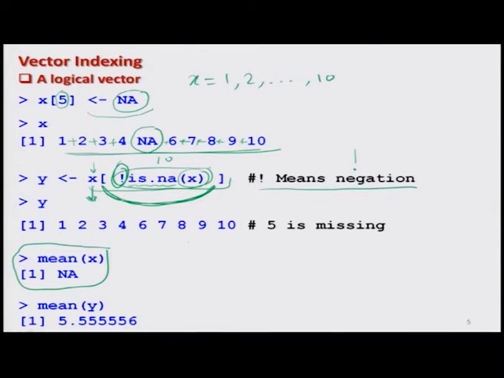Now I get a vector y, in which you can observe that something is missing. In the original vector, it was 5. Now what we did, we had replaced this 5 by an NA in the first step that we did here.